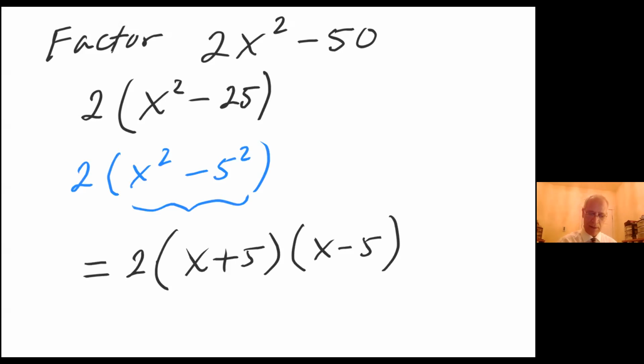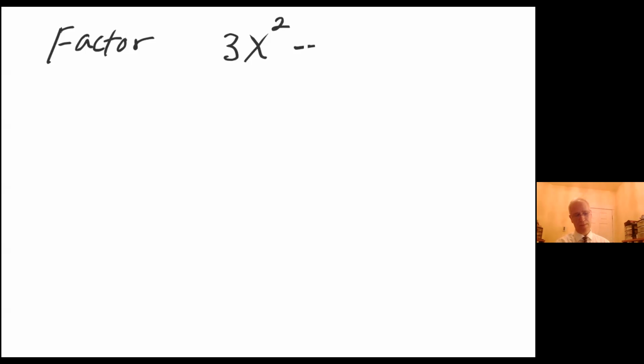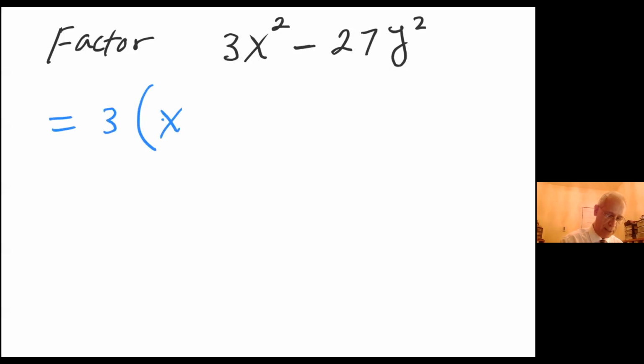Let's do another one. Suppose I want to factor 3x to the second minus 27y to the second. First, I'm going to factor out the 3, which is my greatest common factor, and rewrite this as 3 times x to the second minus 9y to the second.